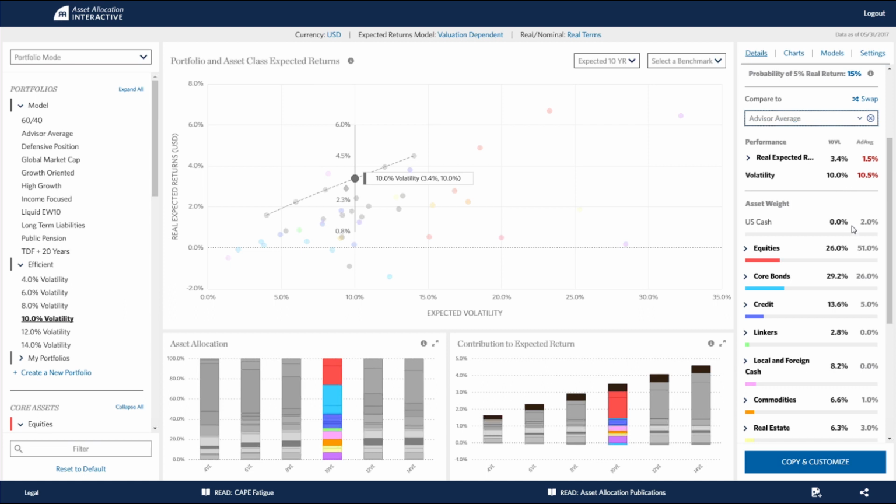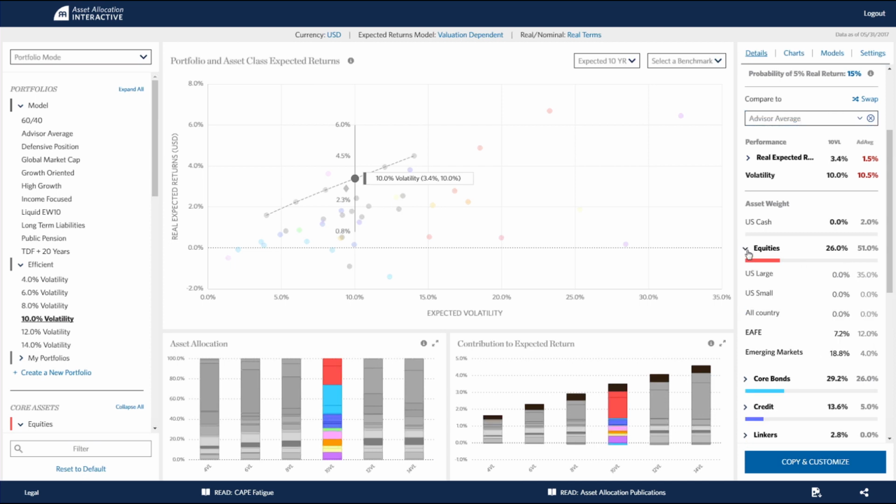And what we see is that the allocations are starkly different, both in the sense of about half as much equities, similar bonds, more credit, and so forth. If we go one level deeper, we can see that one major difference is not just the fact that we have half as much equities, but that those equities are diversified away from U.S. stocks and bonds, which are the hallmark of the average advisor portfolio.